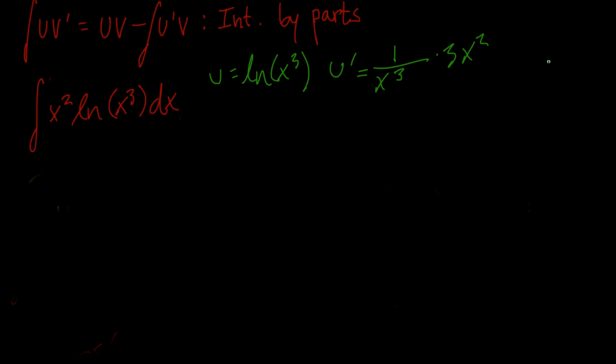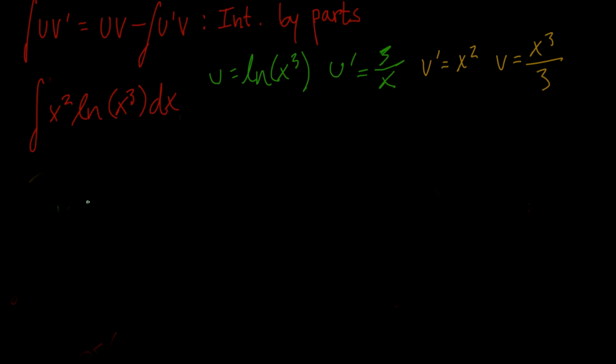This is just the chain rule, and this can be rewritten as 3 over x, because that 3x squared goes into the numerator, and that x squared cancels out 2 of the 3 x's in the denominator, and we get left with 3 over x. And then for my v, I'm going to write my v prime as equal to x squared. Therefore, the integral of v is just going to be x cubed over 3. Now we're going to attempt to solve this.